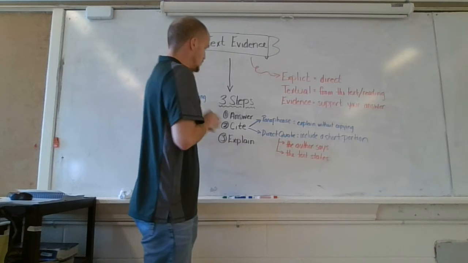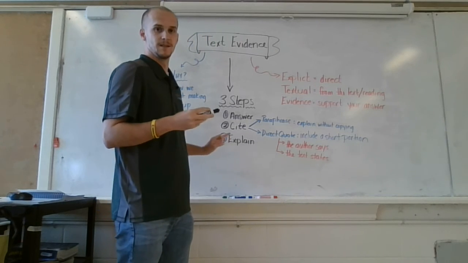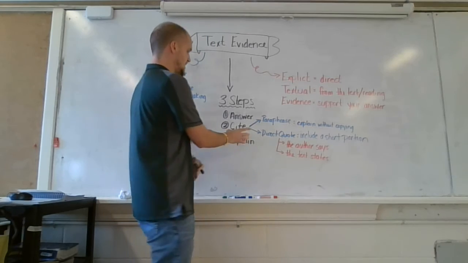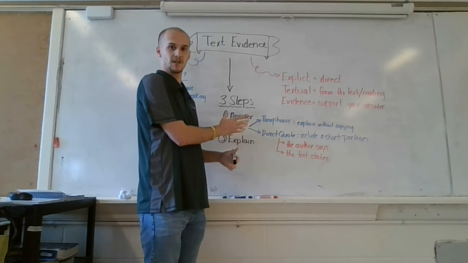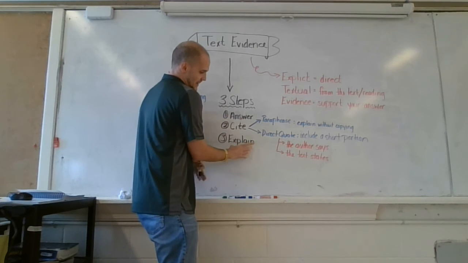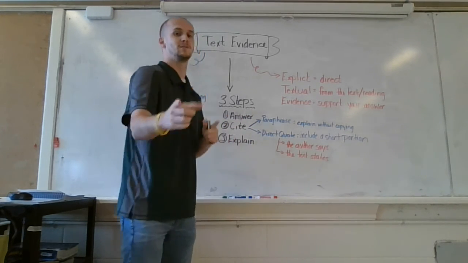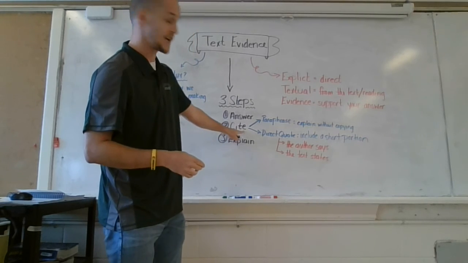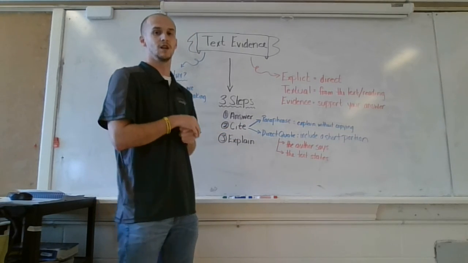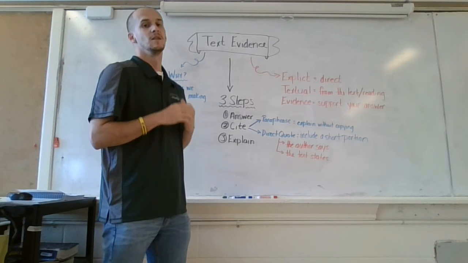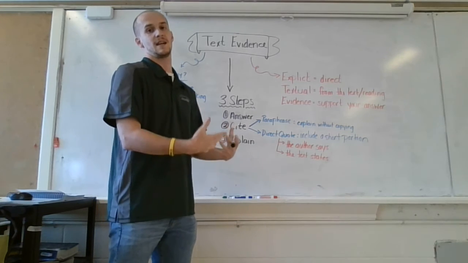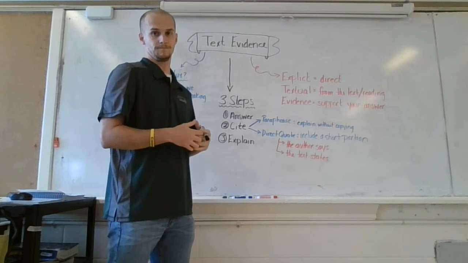This will stop you from giving textual evidence that doesn't make sense. You don't want to cite something that doesn't go with your answer. So that's why this third step is important, because if you can't explain the connection between what you cited and what your initial answer was, you have not cited the proper or correct textual evidence for your answer.